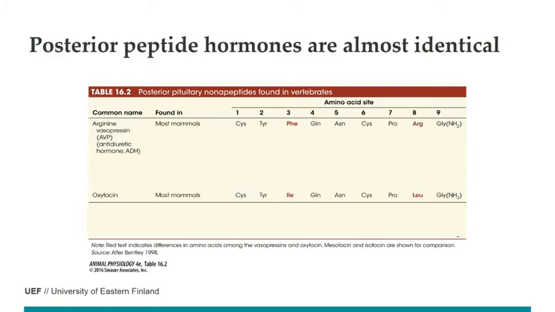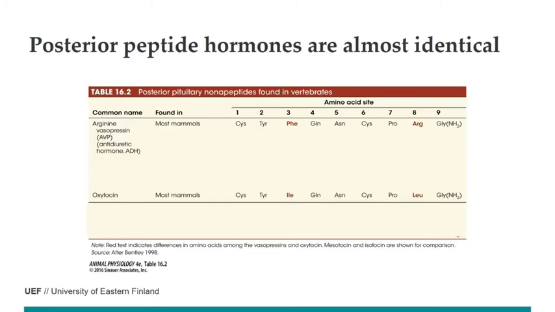And oxytocin also contains 9 amino acids starting from cysteine and ending with glycine, and there are only sites 3 and 8 where there's a difference. So instead of phenylalanine, there's isoleucine, and instead of arginine, there's leucine. So 2 amino acids are different. That makes quite a huge task for the antidiuretic hormone receptor or oxytocin receptor to say which of these is which.